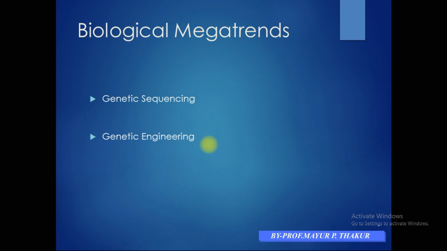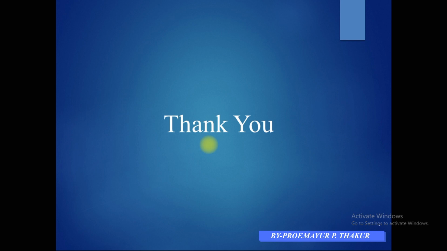With the help of genetic engineering, cell modification is now possible. So these are the biological megatrends, that is, gene sequencing and genetic engineering. So this is all about Industry 4.0, or you can say an overview of Industry 4.0.